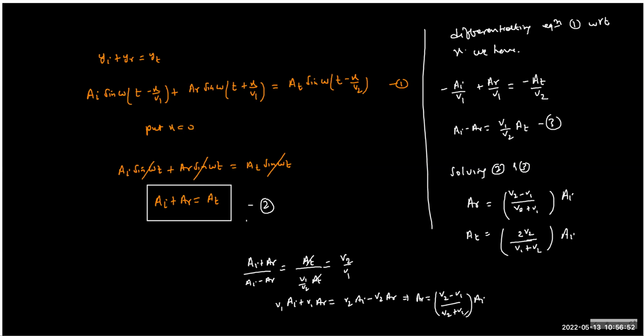So it is always V2 minus V1 upon V2 plus V1 into AI.